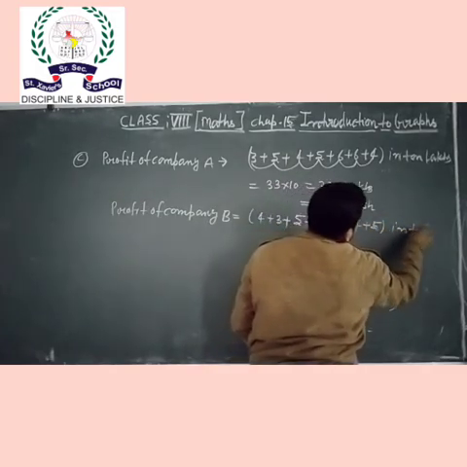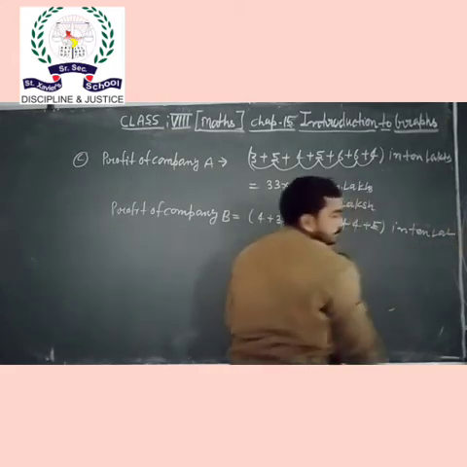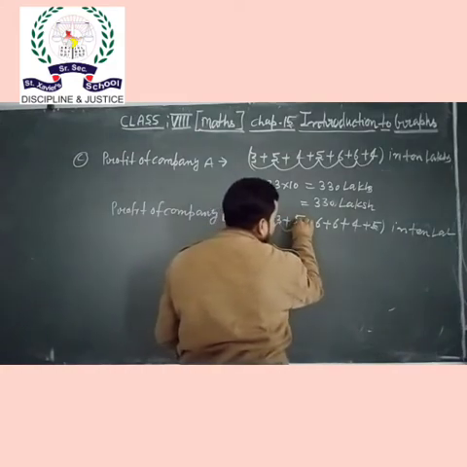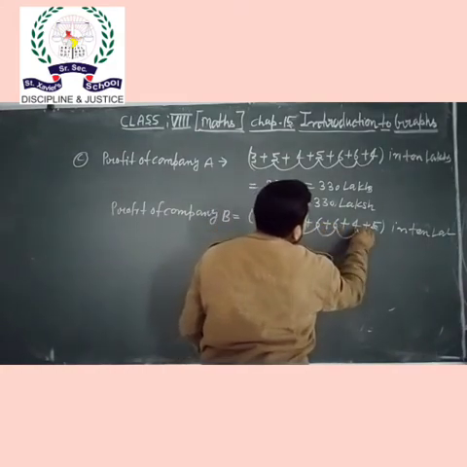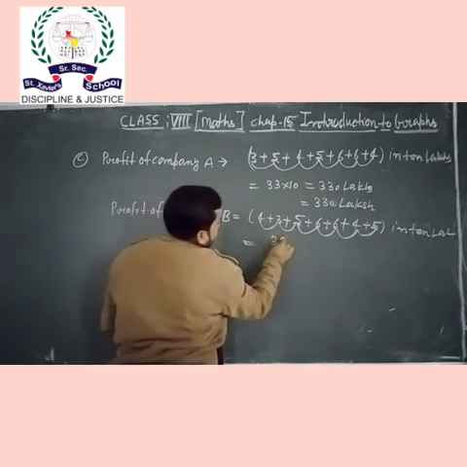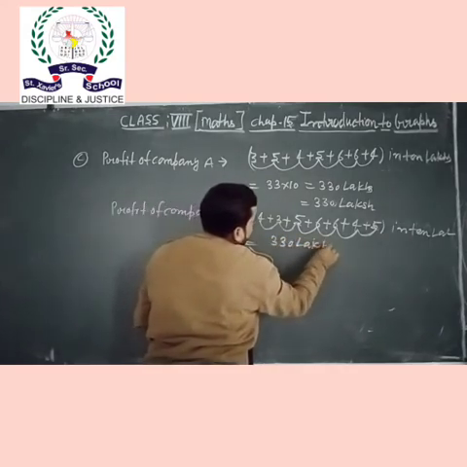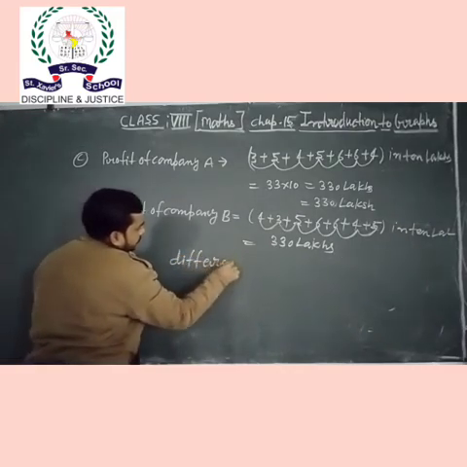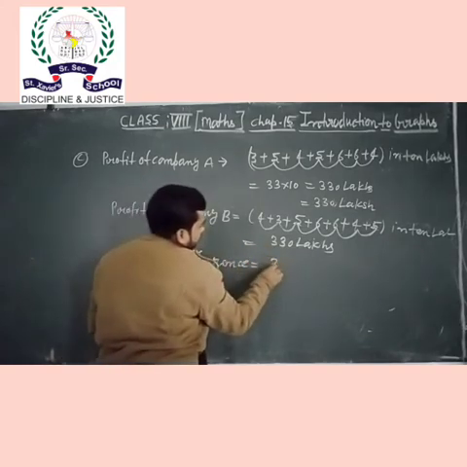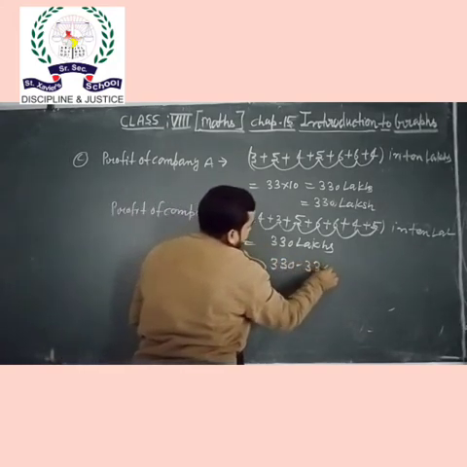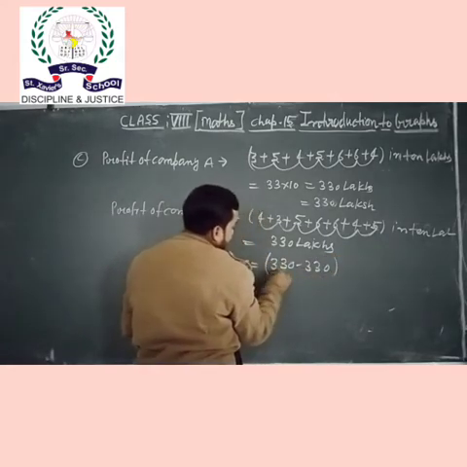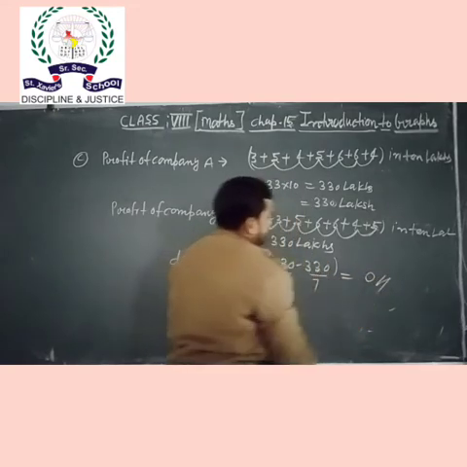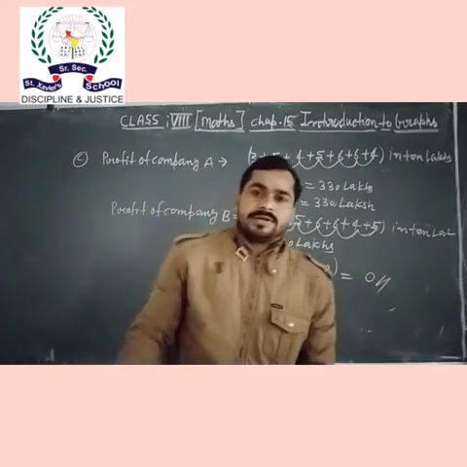Again in 10 lakhs: 4, 3 is 7, 5 is 12, 6 is 18, 6 is 24, 4 is 28, 5 is 33. So this is 330 lakh. The difference of these, 330 minus 330, and so the difference of the averages over the 7 years is 0. So the answer is 0.